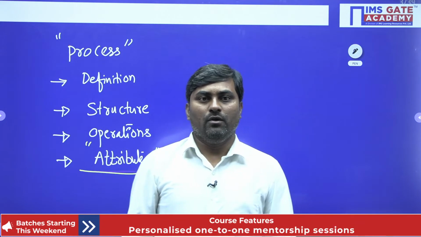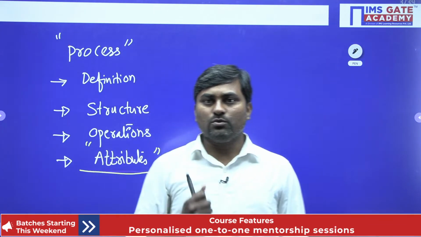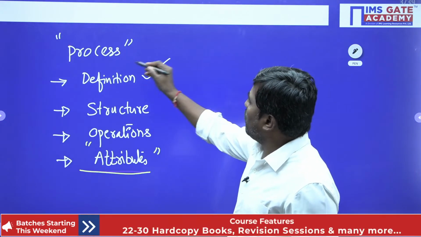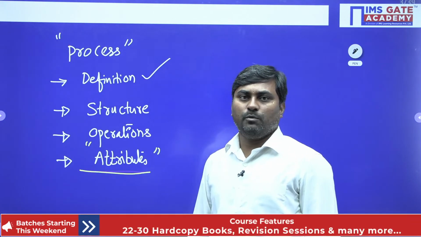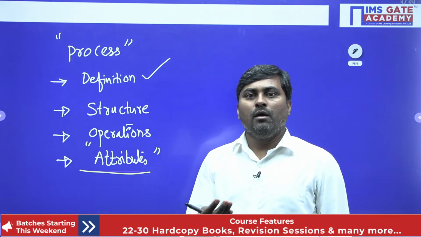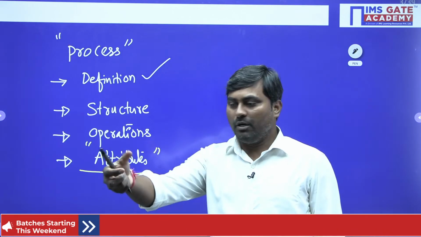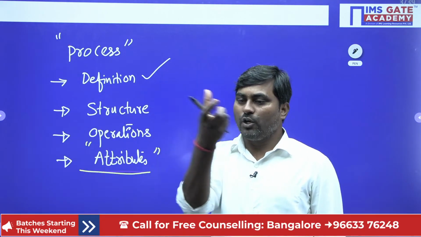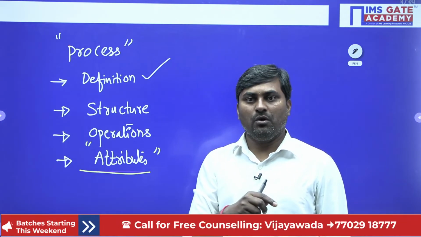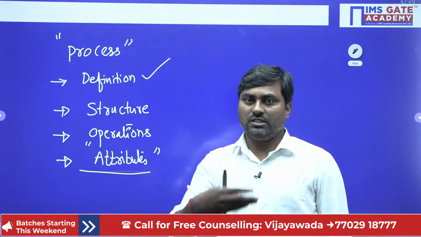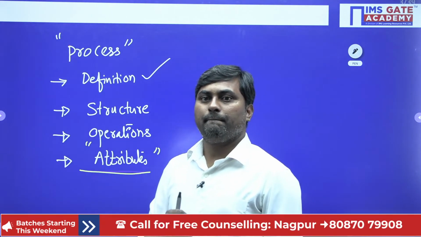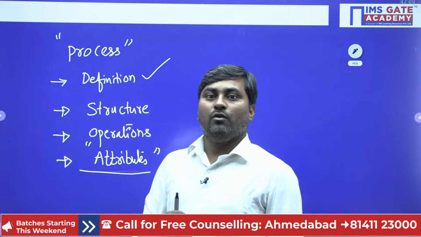Can you recall what is the process that I discussed in the last class? The process is nothing but a program under execution. The moment the program image is brought into main memory for execution and the various resources are allocated to the program, it becomes a process. Process is an active entity, and we observed other properties too.